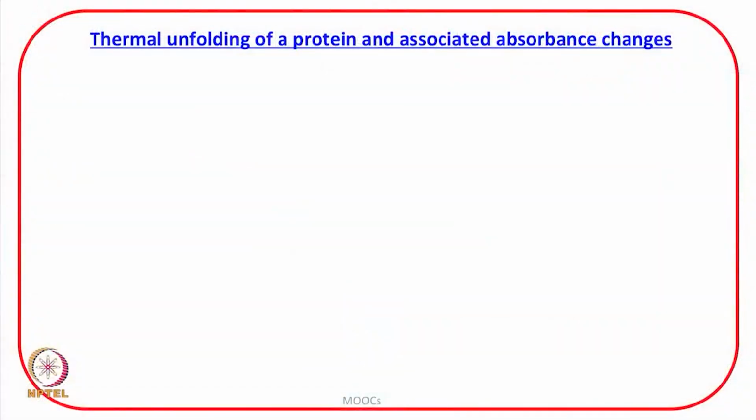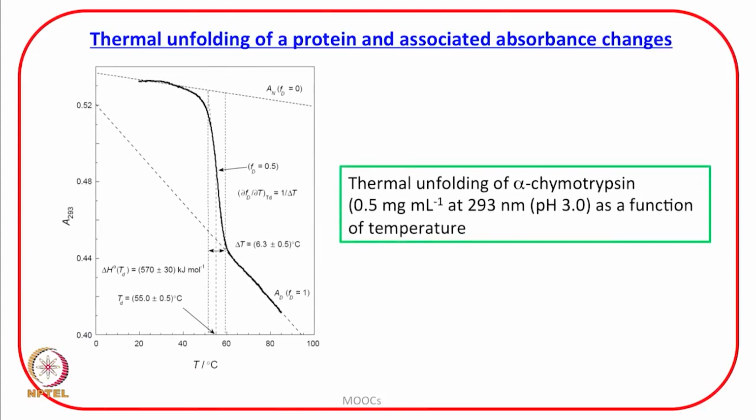Let us take a look at the UV visible study based thermal unfolding of a protein. This example is thermal unfolding of alpha chymotrypsin as a function of temperature. Now, how do you choose the wavelength? This study is to be done at a fixed wavelength. You fix a wavelength, and at that fixed wavelength you change the temperature and monitor the absorbance changes.